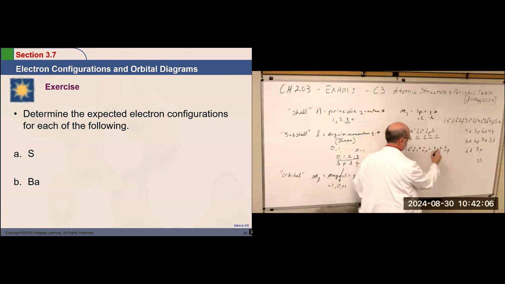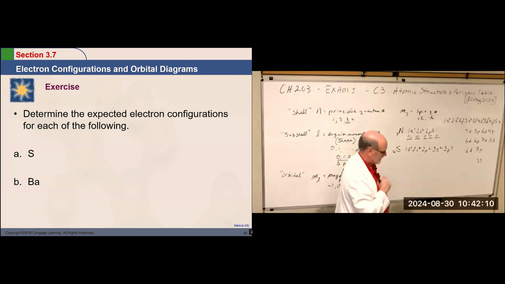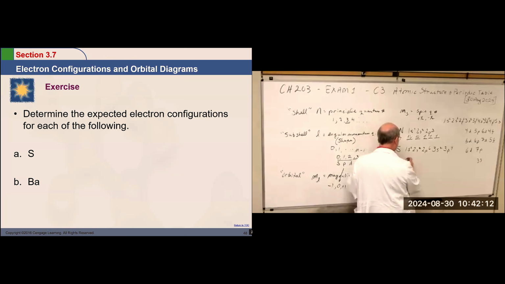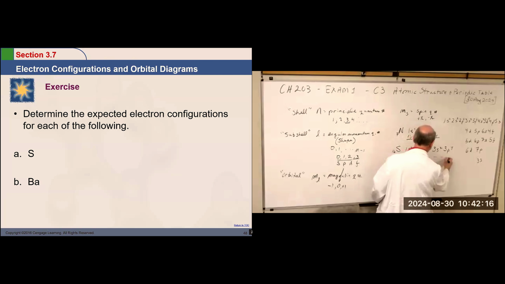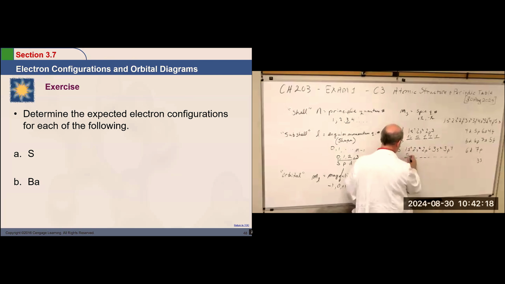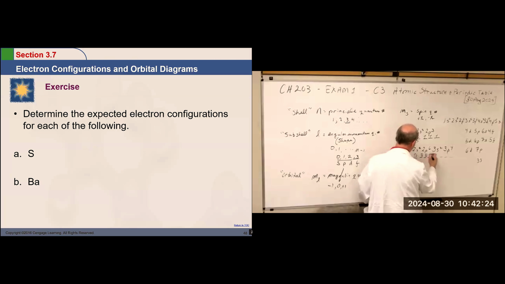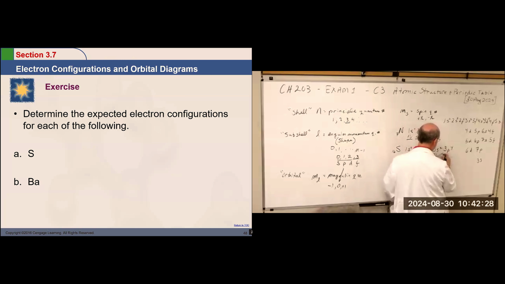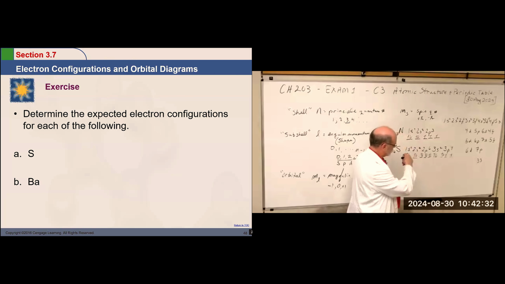We got 4 more. So if we showed where the electrons are in each one of these levels, these 2 here like that, those 2, these 6 like that, all paired up, these 2 paired, then we have 4 here, up, up, up, and down. So that's what that would look like for sulfur.